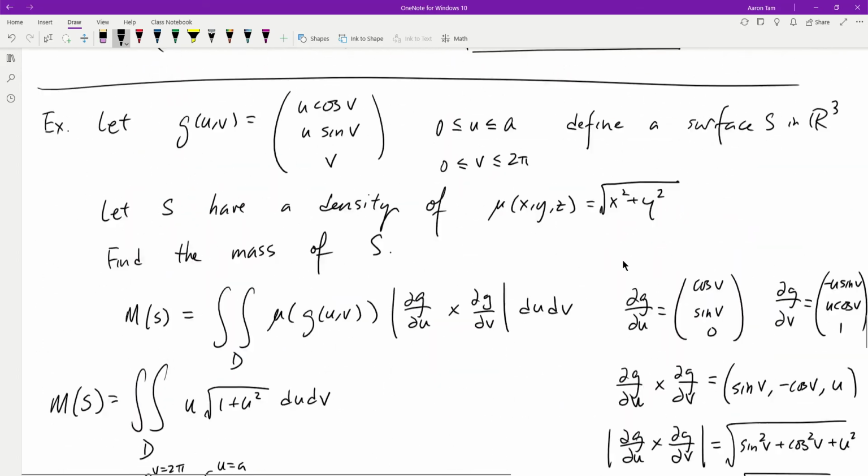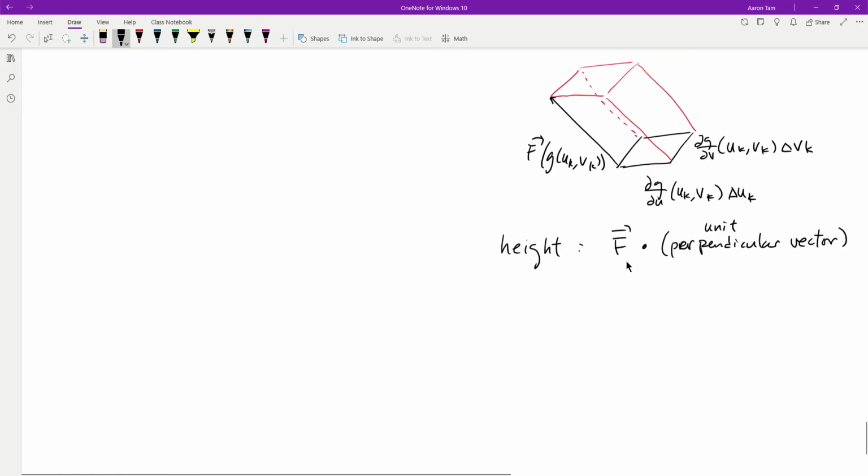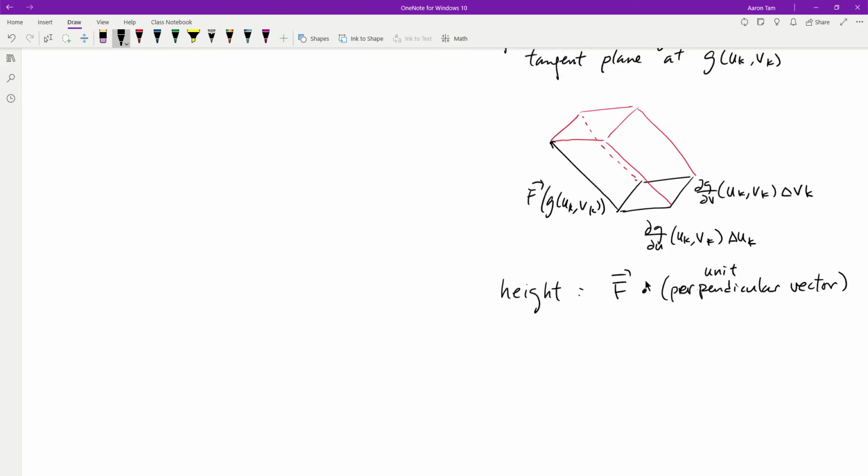We talk about the perpendicular vector, or the normal vector, is given by the cross product. So therefore, I can now form this height by saying this is vector f at g of u sub k, v sub k, dot product the cross product between dg over du at u sub k, v sub k and dg over dv at u sub k, v sub k.